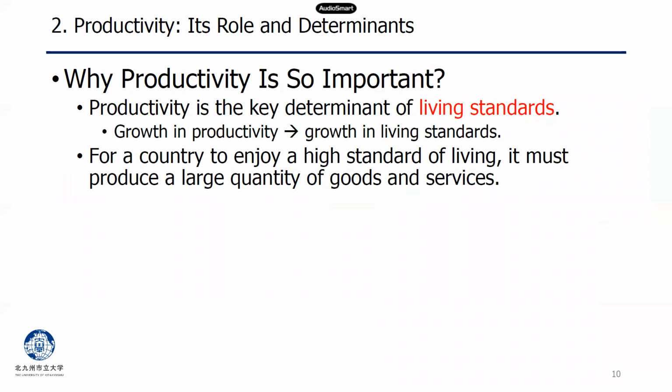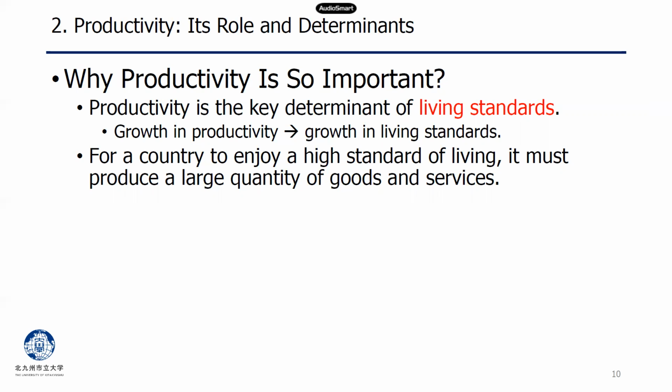In order to answer that difference, we looked at one concept called productivity. Productivity can be interpreted as efficiency of your production. And productivity is a key determinant of living standards because in economics, we think the more the better.